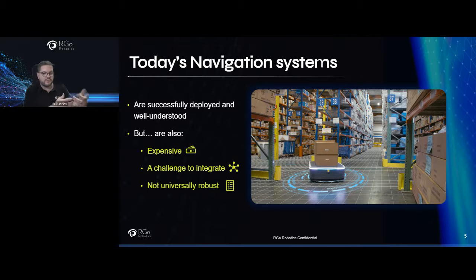So out of the 6 drivers that we mentioned before to enable a faster adoption of AMRs and AGVs, we can already see that 3 of them are falling short when it comes to today's navigation systems. And let's go through those various navigation systems to see why.